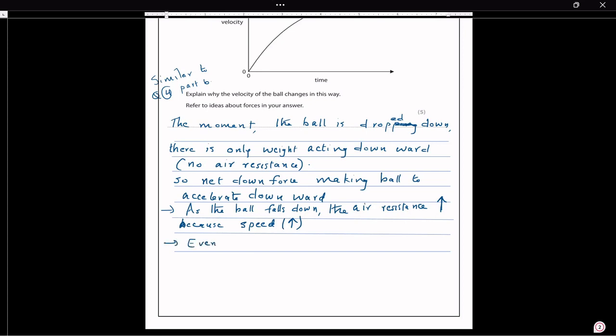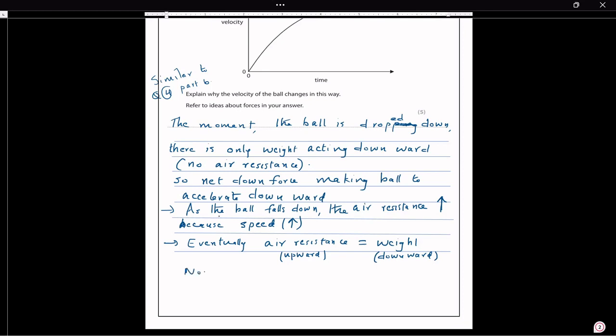Eventually, air resistance becomes equal to weight. Air resistance is upward and the weight is downward, so the upward force becomes equal to the downward force.